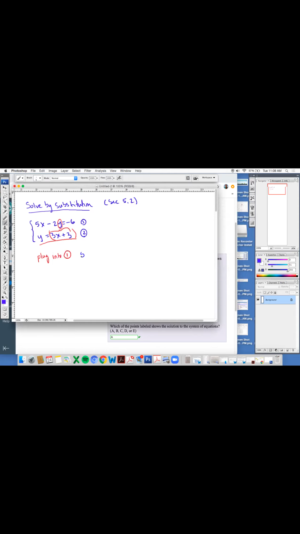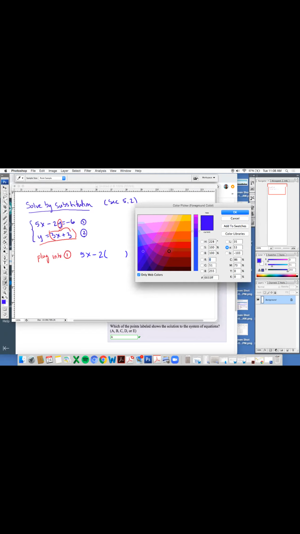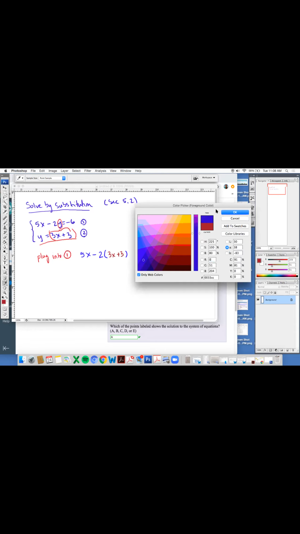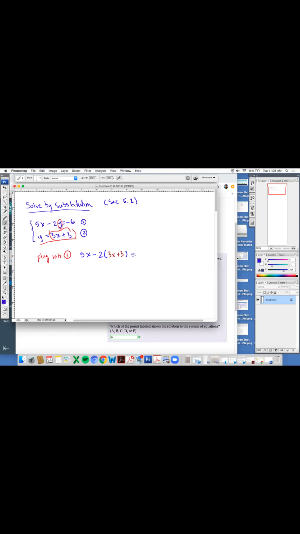So it's going to be 5x minus 2, but then in place of y, I'm going to replace that by what it says in the second equation, because y equals 3x plus 3. So y gets replaced by (3x plus 3), and then equals -6.